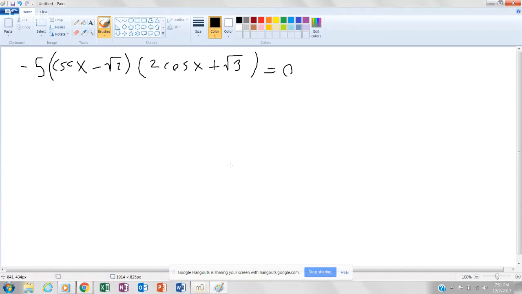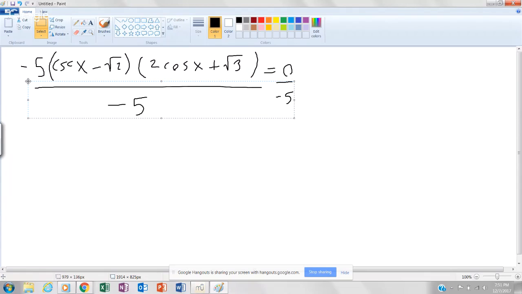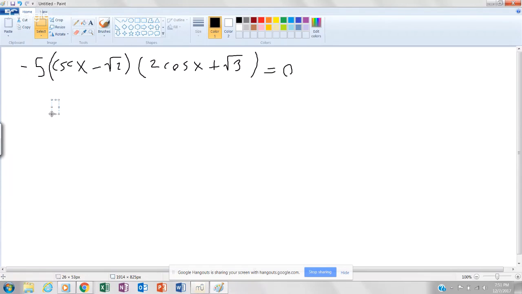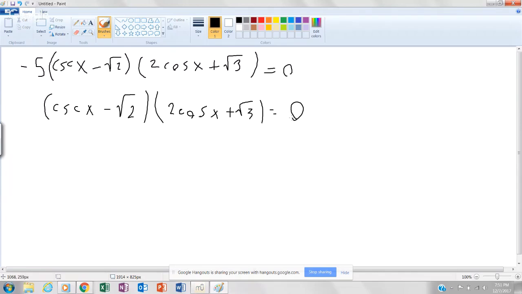First thing we can do is divide both sides by -5. And we'll end up with cosecant of x minus square root of 2 times 2 cosine of x plus square root of 3 equals 0.